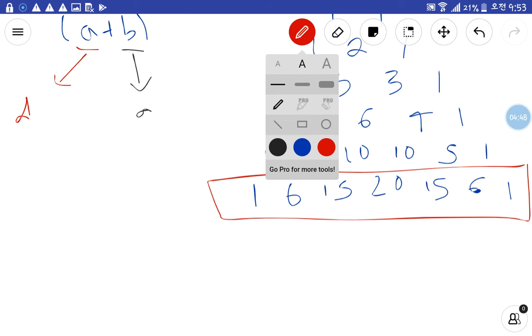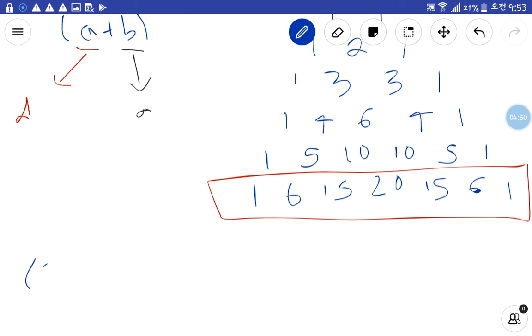So I have a plus b to the 6th power, starting with my coefficient 1, and starting with your a, what did I say? It's starting with your power, 6, b to the 0 power. So I'm going to use my a as descending order.